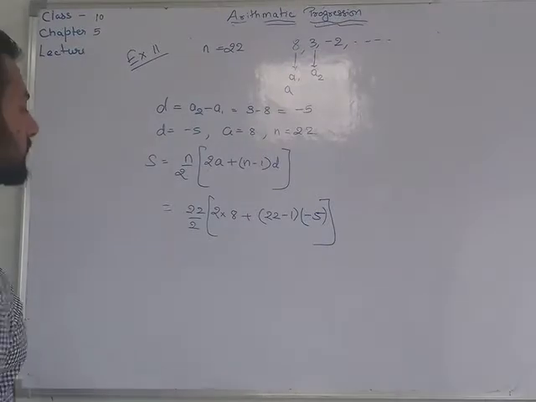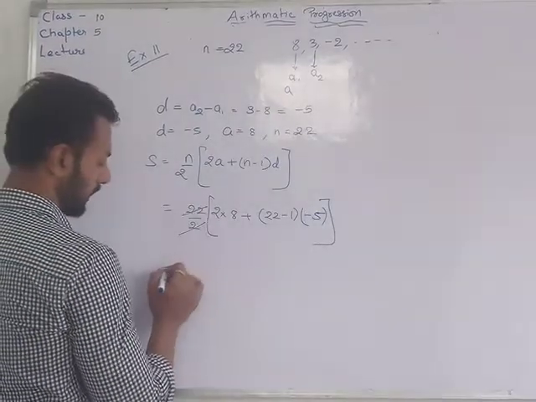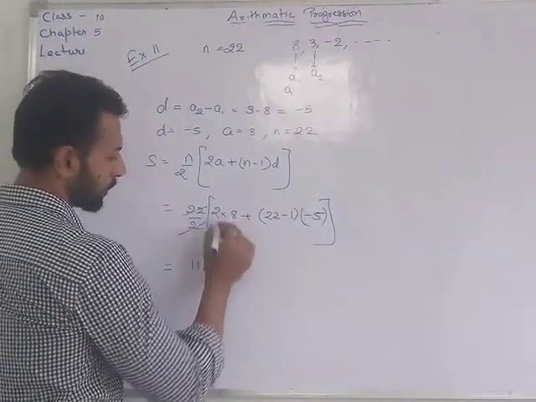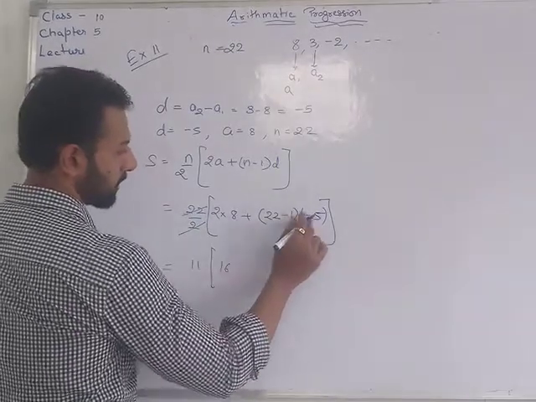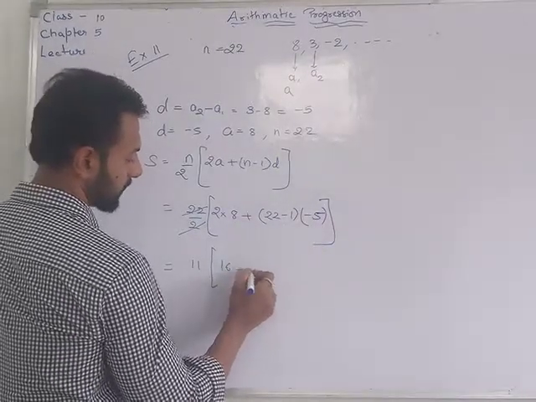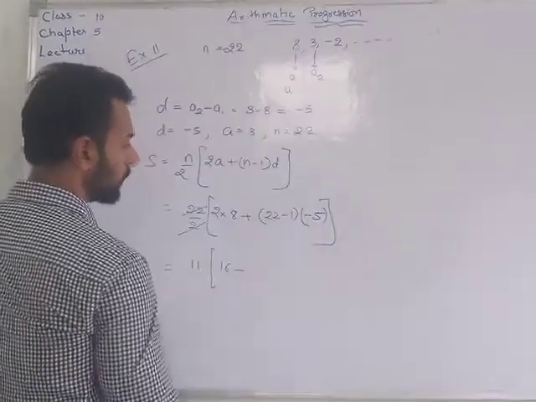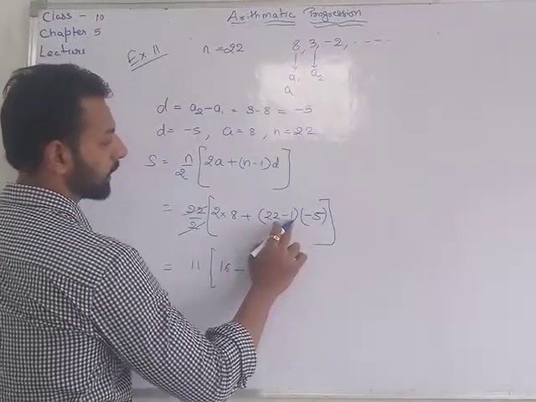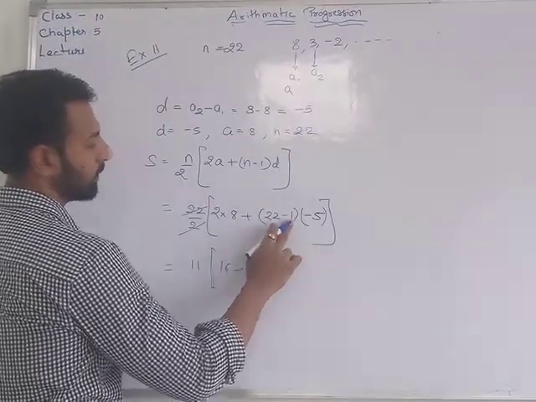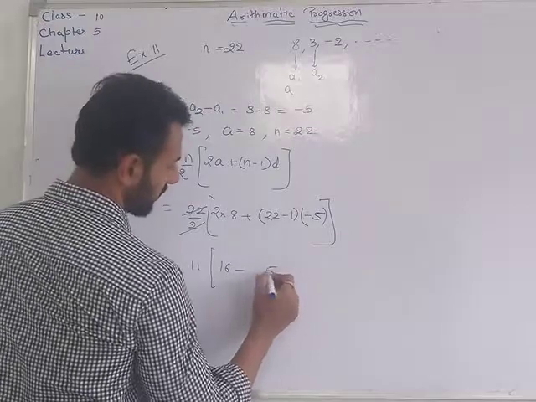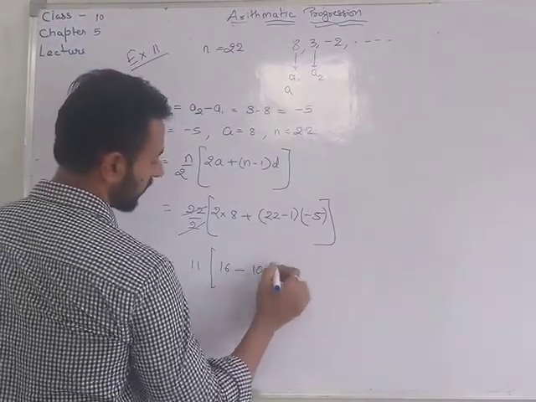Now further solving this, 2 will get cancelled out, giving 11 into (16, plus into minus, minus 21 into 5). 22 minus 1 will be 21, and 21 into 5 is 105.